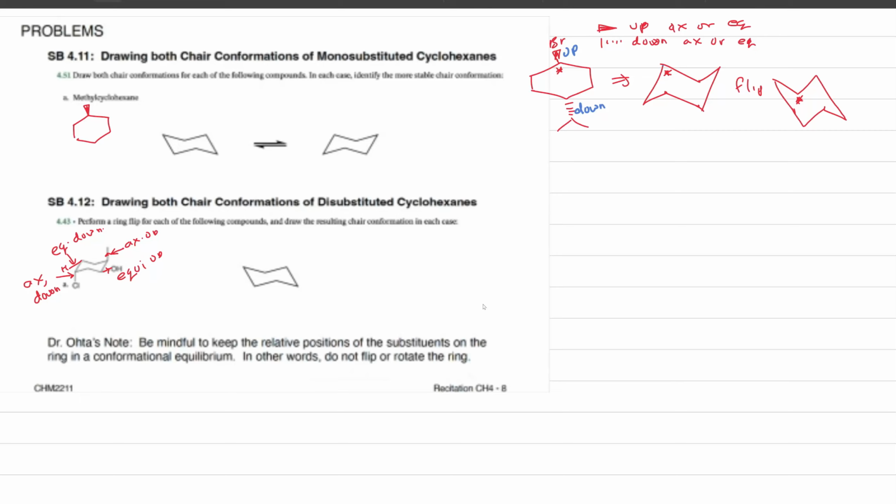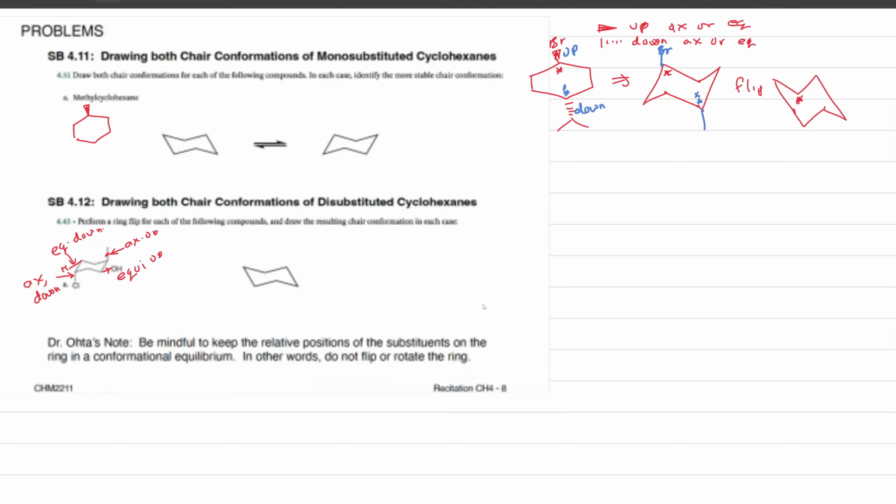If my carbon is pointed up like this, I will always have one axial. So that bromine has no choice but to go straight up. Let me skip 2 carbons, 1, 2, so I'm here. That is down, and my carbon is going down. That means my axial has to go down.